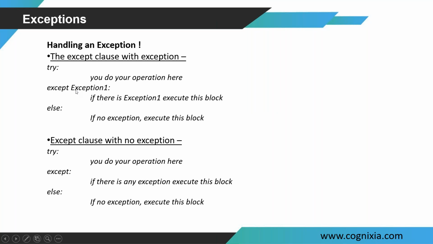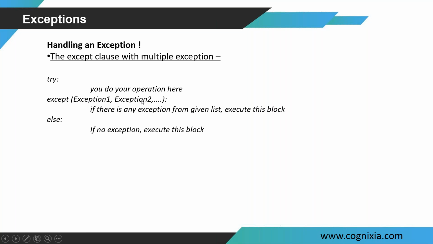Your except block, here you can handle one exception at a time, or see, what happens is your one code can give you 5 to 6 different exceptions, right? You can handle all those exceptions at once, like this. You can handle them alone, one by one, right? Which is the preferred way. Or you can have one generic way of handling all those exceptions. Okay? So these are the ways that you handle the exceptions, right? So we are looking at that.